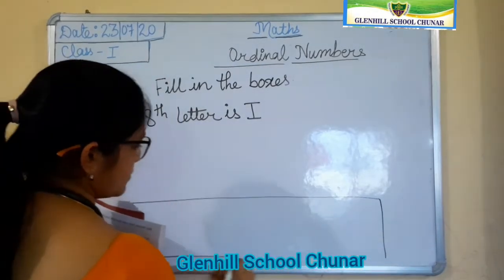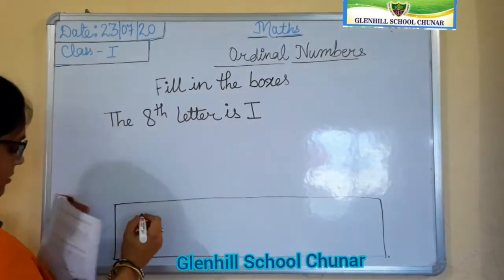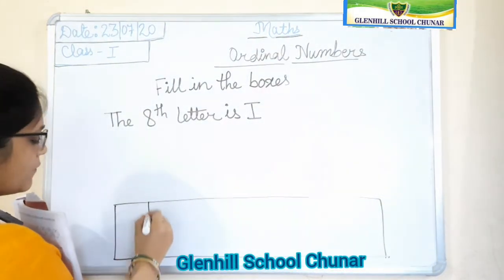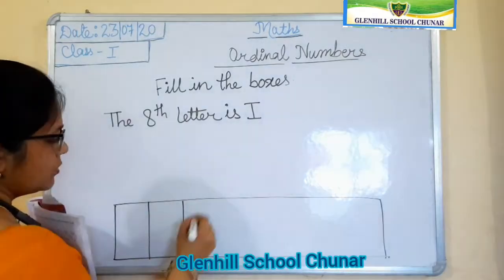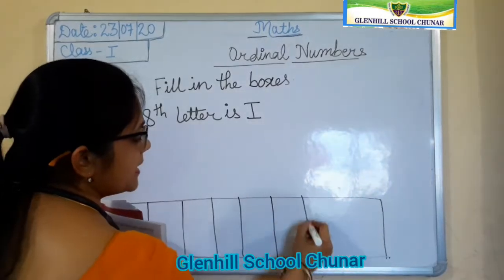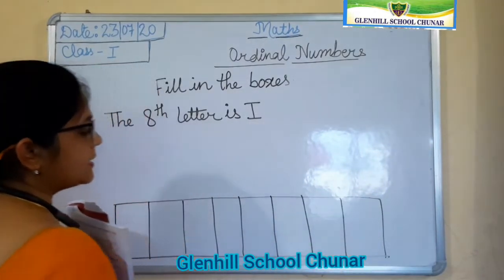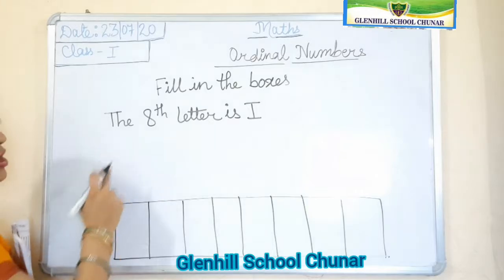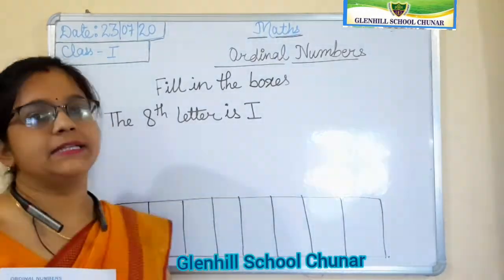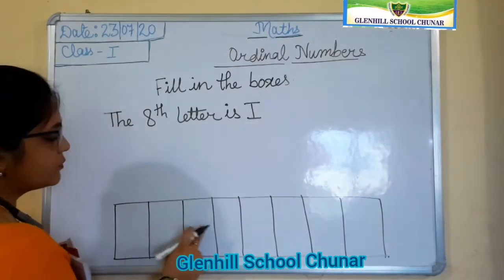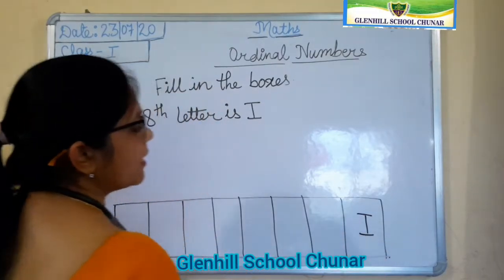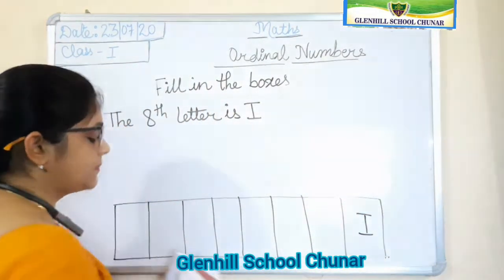Like this it is drawn: 1, 2, 3, 4, 5, 6, 7, 8. So what clue is given here? The eighth letter is I. Which one is the eighth letter? 1, 2, 3, 4, 5, 6, 7, 8. So here it is I. So I have written I here.